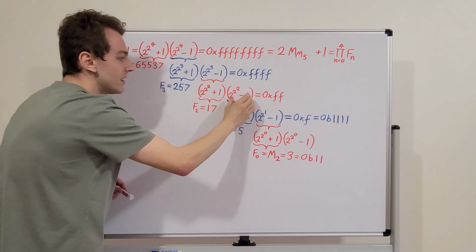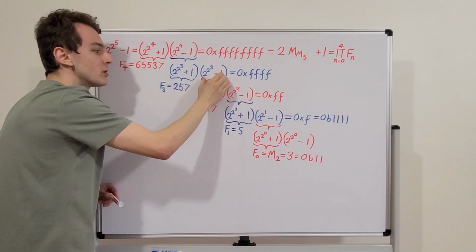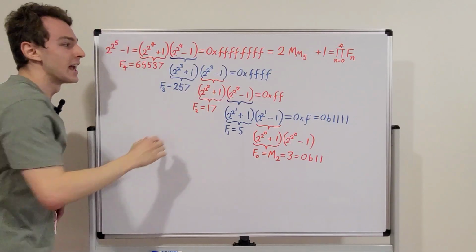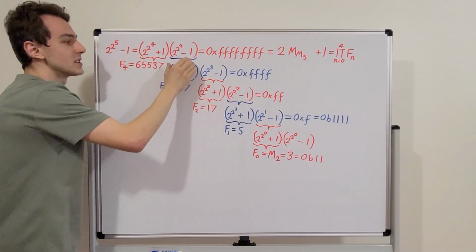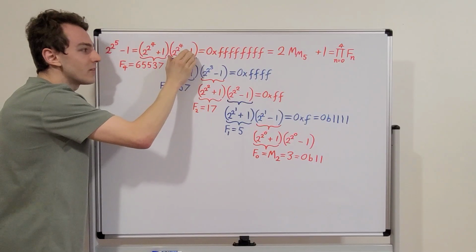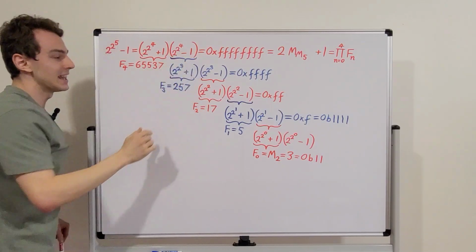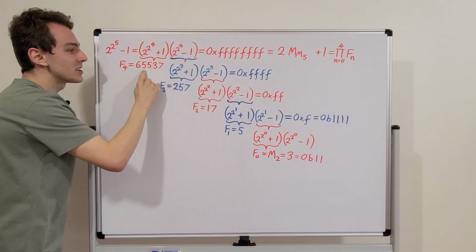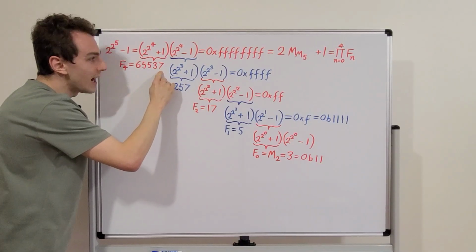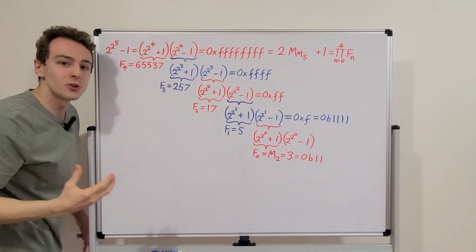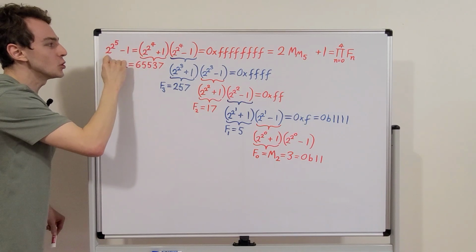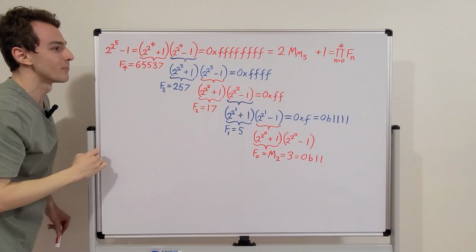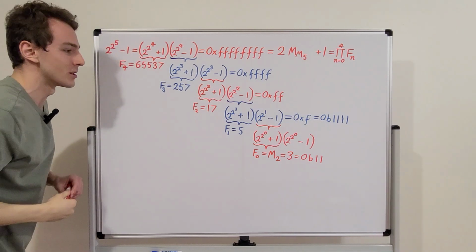And then 15 times 17 gives us 255. 255 times 257 gives us 65,535. And then if we multiply 65,537 times 65,535, we get this quantity, which is 1 less than 2 to the power of 2 to the power of 5. So that's the prime factorization.